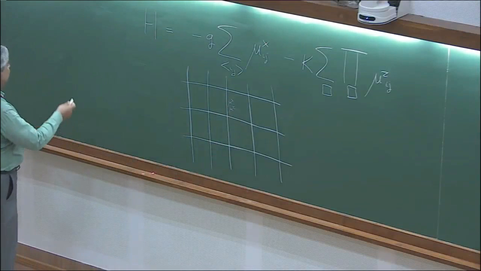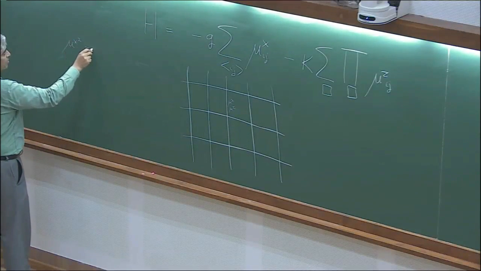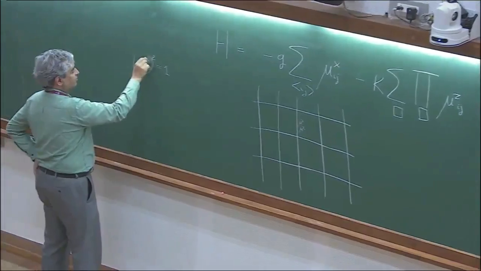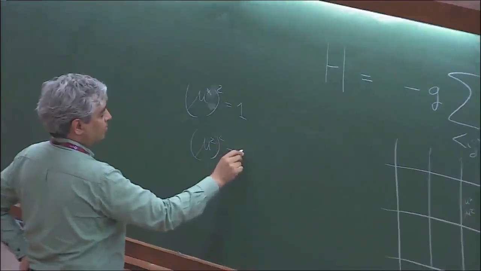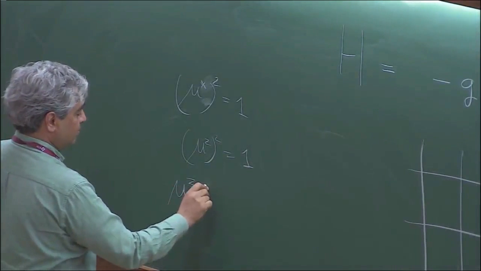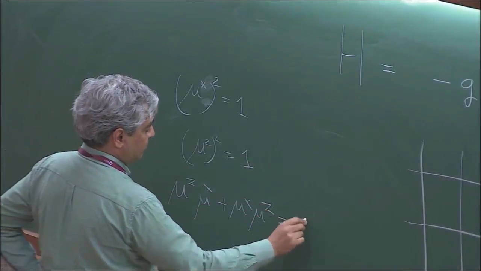So what that means is that on a given link, mu x squared is always 1. Mu z squared is 1. And mu z mu x plus mu x mu z is 0.